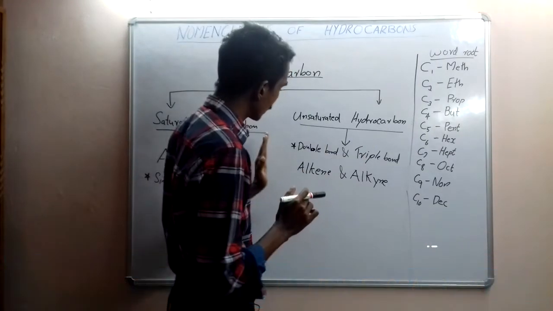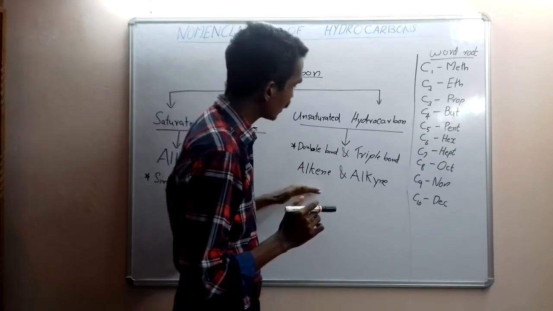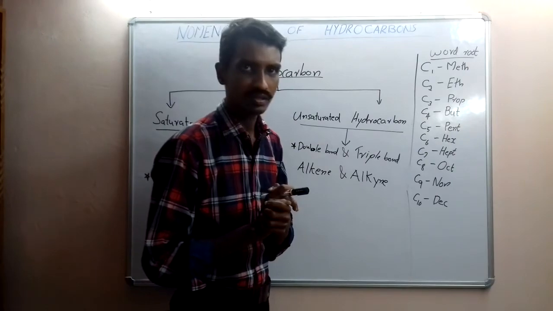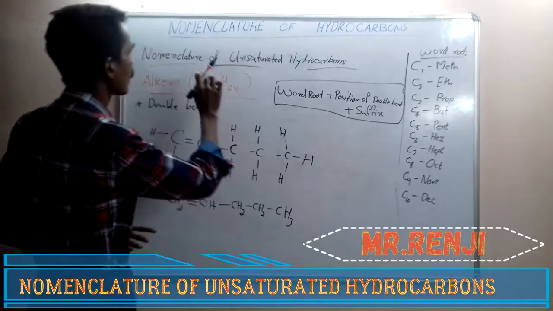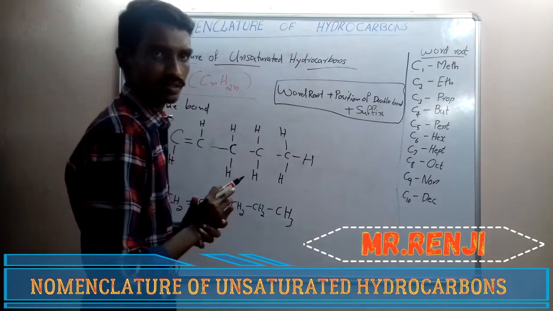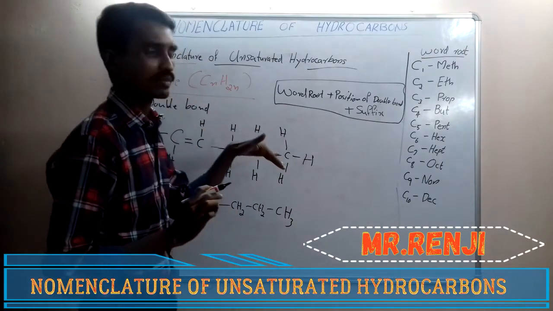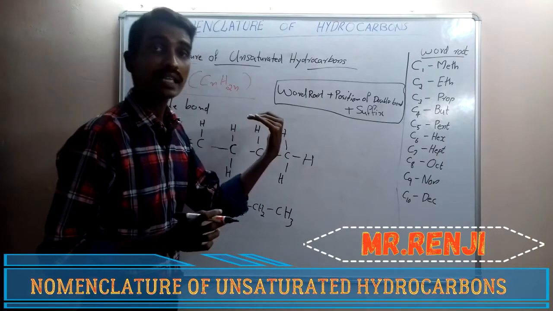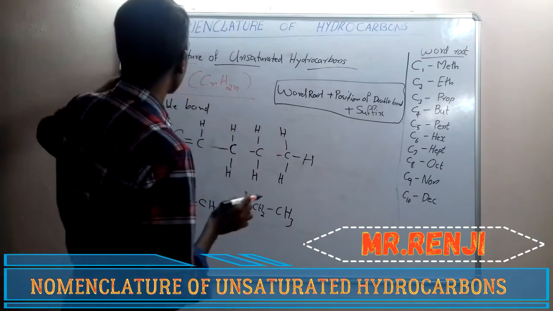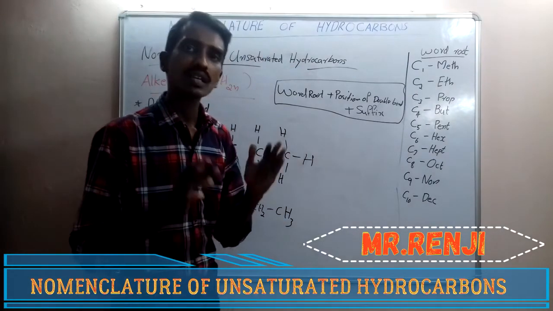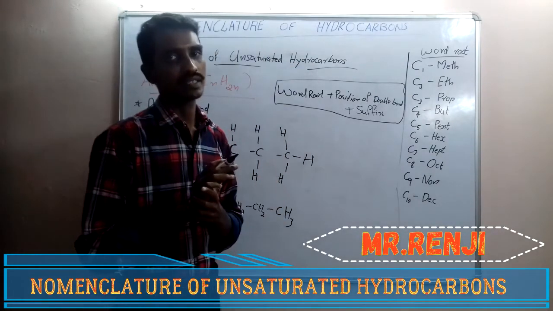So alkene and alkyne are unsaturated hydrocarbons. We already discussed nomenclature of saturated hydrocarbons, the alkanes. Now the nomenclature of unsaturated hydrocarbons, alkene and alkyne.